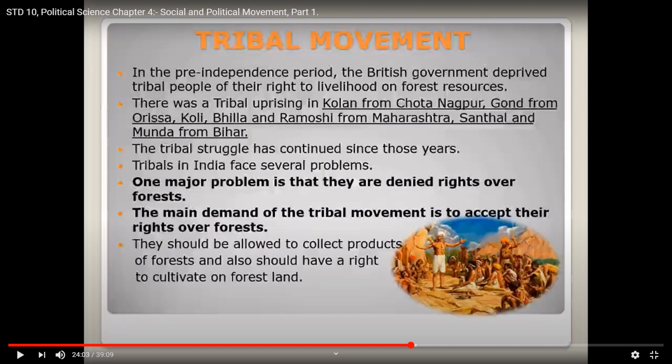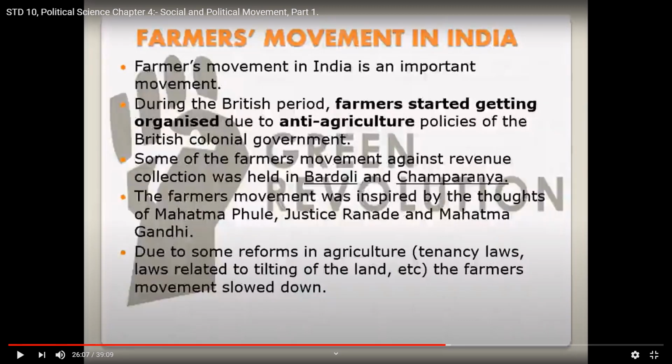So even today, they are saying that the forest belongs to us. The main demand of the tribal movement is to accept their rights over forest. They say that we are the sole owners of the forest. We don't have to do anything with your cities and your land of cultivation, but we want to be accepted as you are. They want the people, the government, and society to accept them as the owners of the forest. They should be allowed to collect products of the forest and should also have a right to cultivate on forest land.